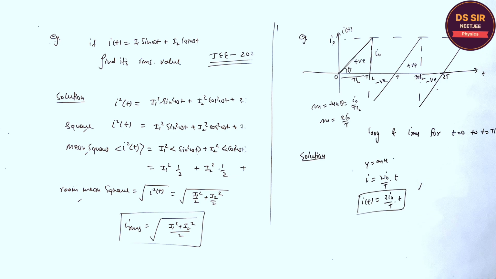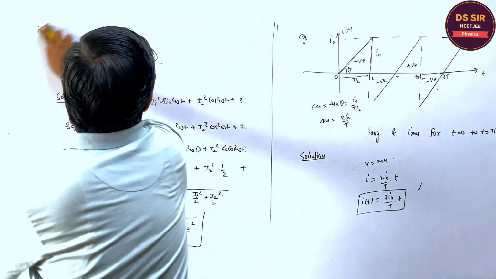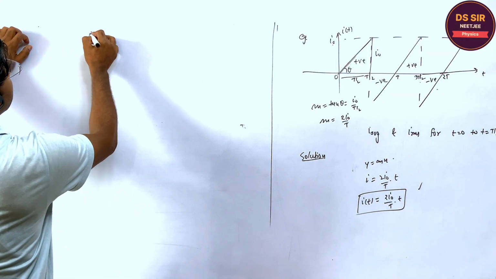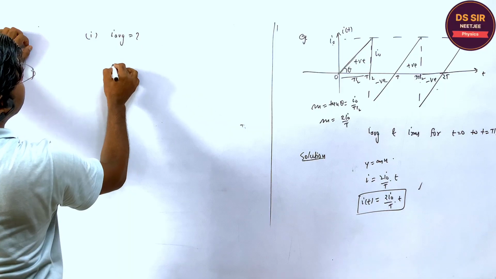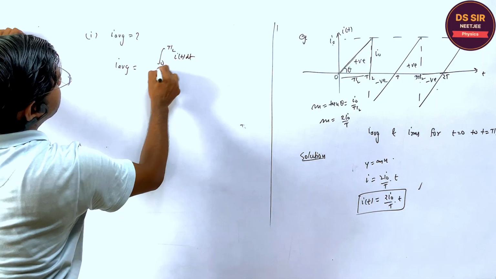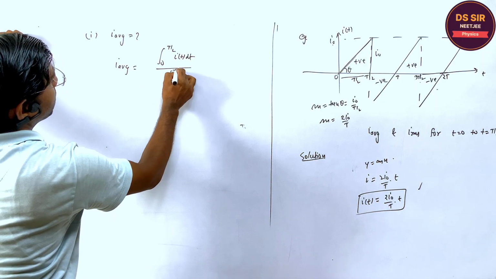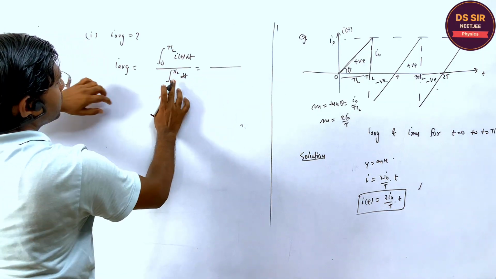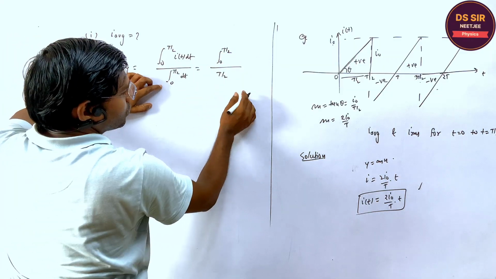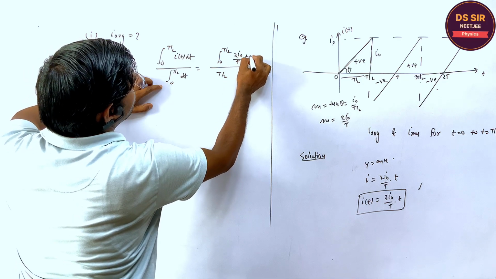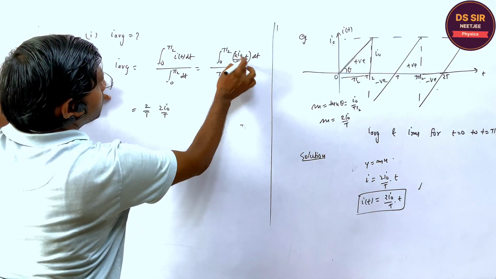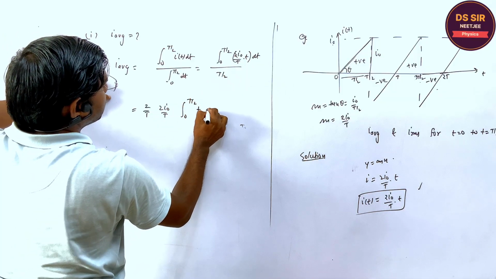So now if we are able to find the current, we can find its average value, right? So to find the average value, we first use the I average. So what is the average formula? Integral from 0 to T/2 of I dt divided by integral from 0 to T/2 of dt. Here from 0 to T/2 this is 2I naught upon T into t, and this is dt. 2I naught upon T will come out from the integration of t dt.